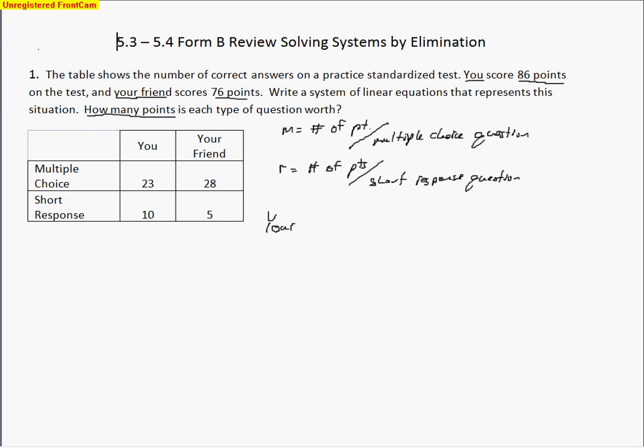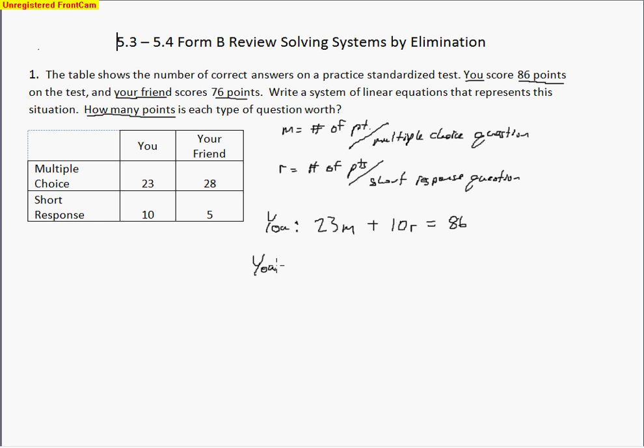So we have 23 multiple choice questions, and we don't know how many points they're worth, so we're going to use M again, the number of points per multiple choice question, plus 10 short response questions times the variable R. And U scored 86 points.